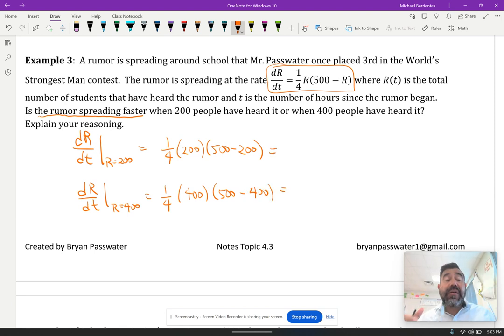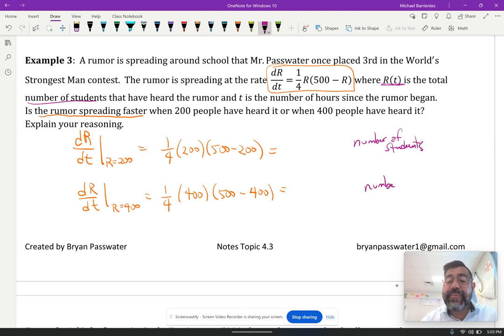Because I already know that the rate of change, dr/dt, is the number of students per hour. How do I know that? Because I know that r of t is the total number of students. So whatever answer I get here, that's the number of students.